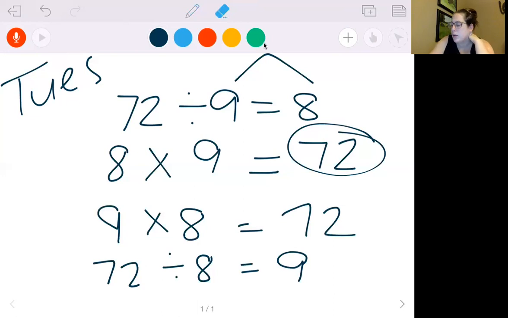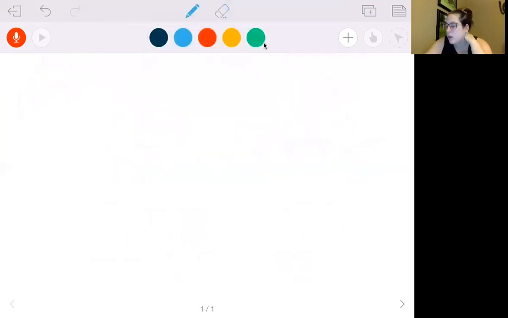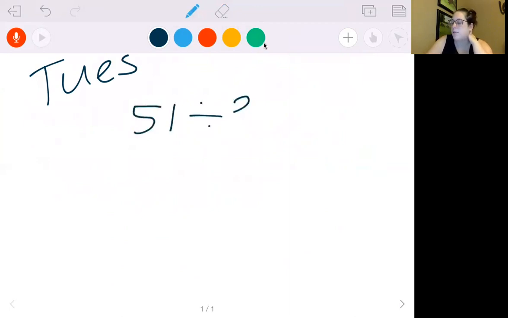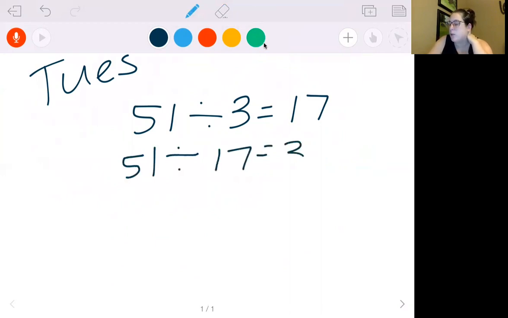So let's do another one. Let's do 51 divided by 3 equals 17. What I'm going to do first is write that other division fact. 51 divided by 17 equals 3.